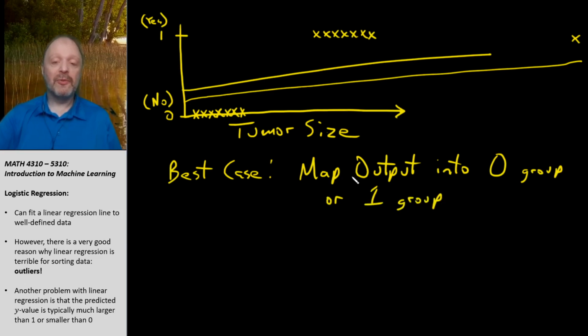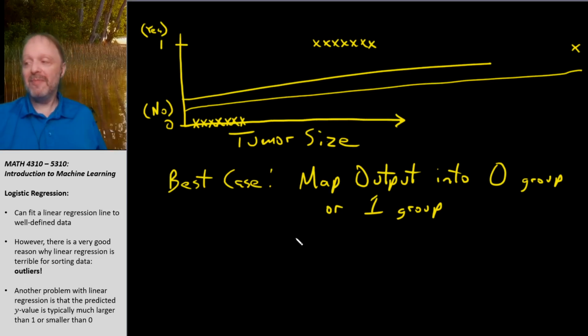It would be really nice if we had a function that could take any kind of input and give us some value between 0 and 1, preferably really close to 0 when it's supposed to be 0 and really close to 1 when it's supposed to be 1. Alrighty, turns out that function has a wonderful name.